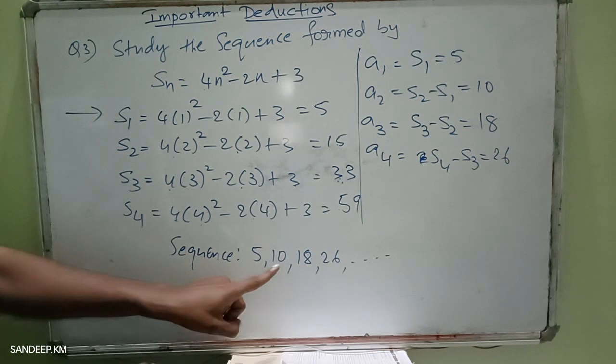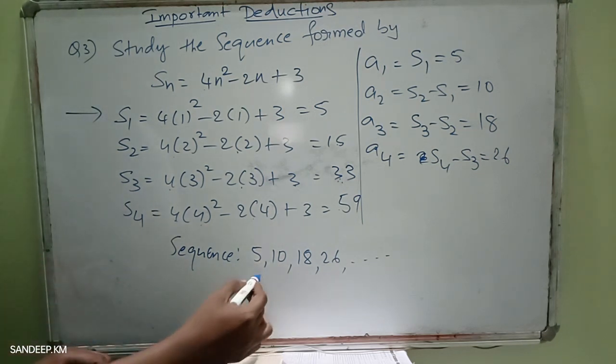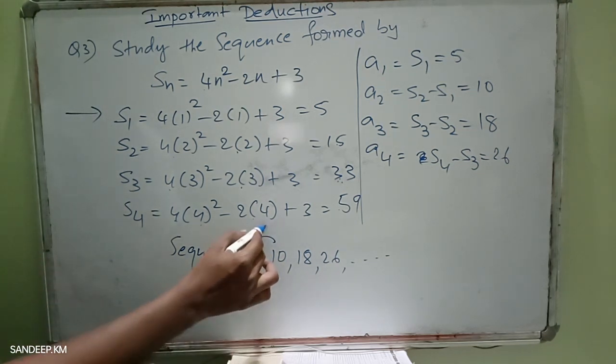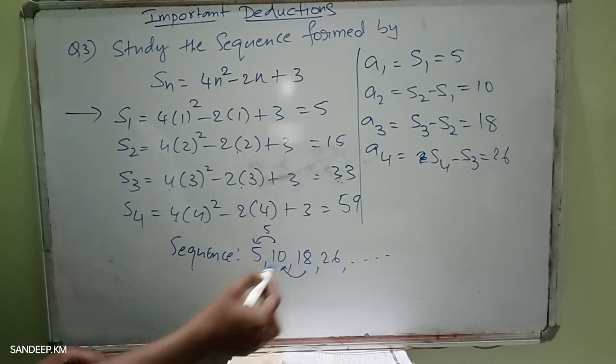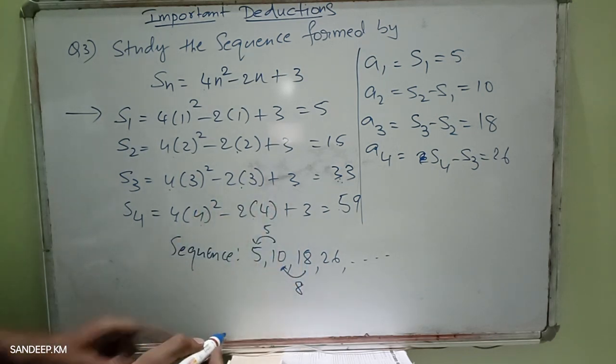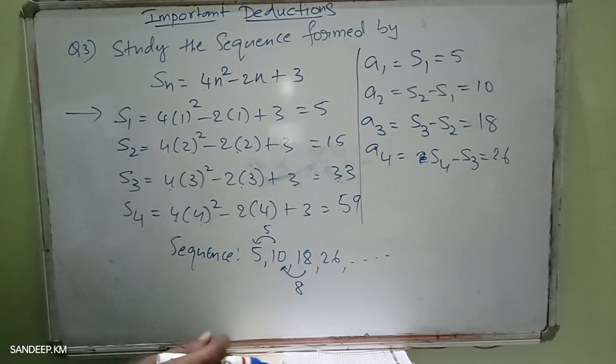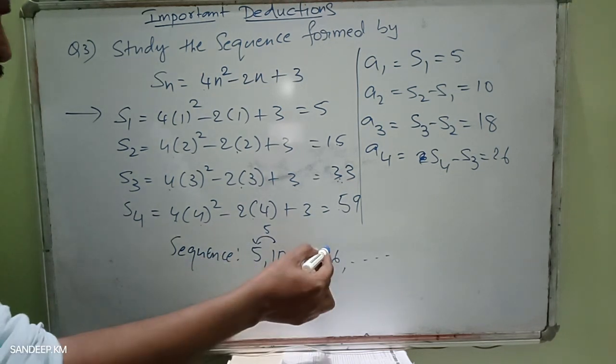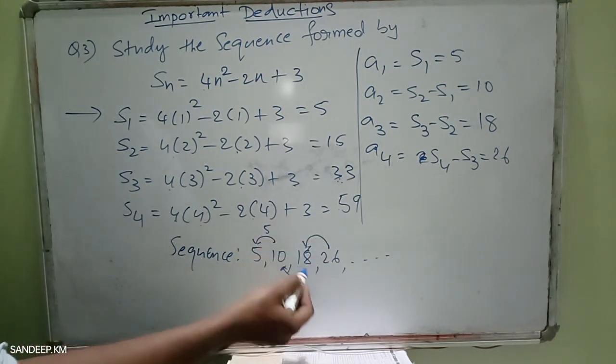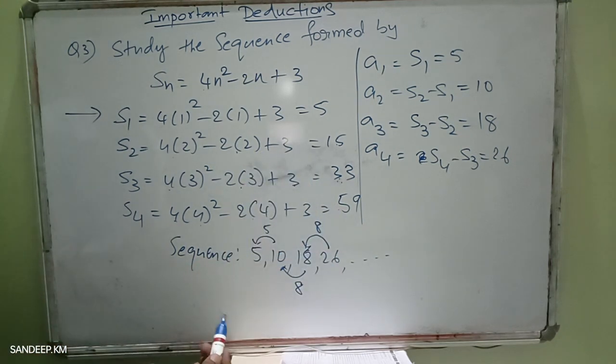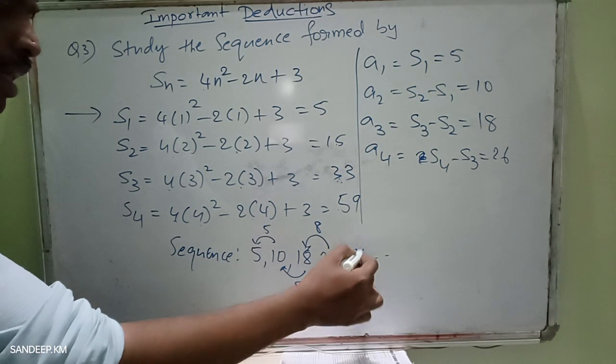Please observe one thing. A2 minus A1 is 5, correct? And A3 minus A2 is 8. Of course, it is not in AP from the first term. But if you observe, what is A4 minus A3? You will get 8 here. If you try to find A5, A5 will be 34.